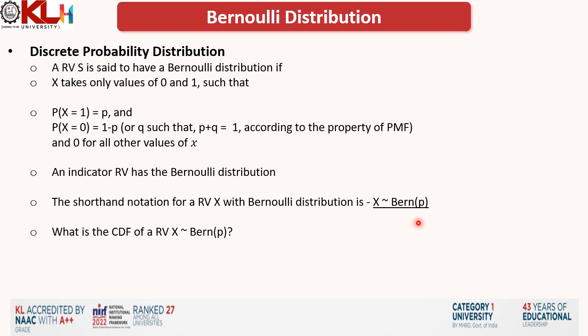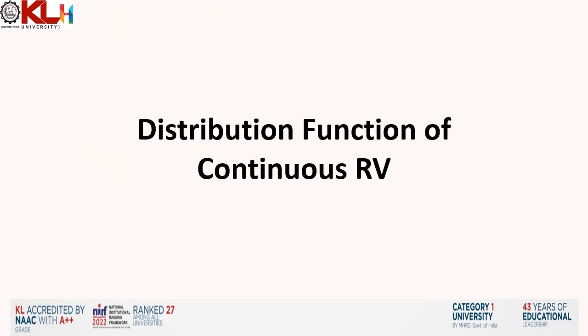We can easily calculate the CDF of the random variable because we know the PMF. So the CDF at 0 is 1 minus p, and the CDF at 1 is going to be 1 because it will be the sum of p and 1 minus p.